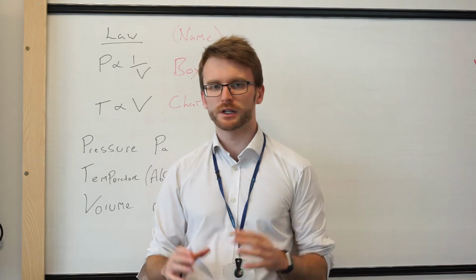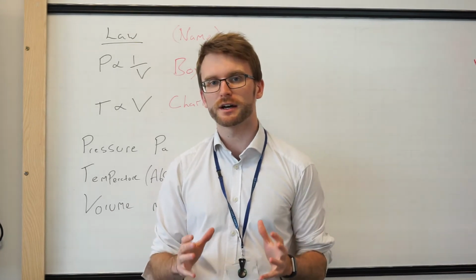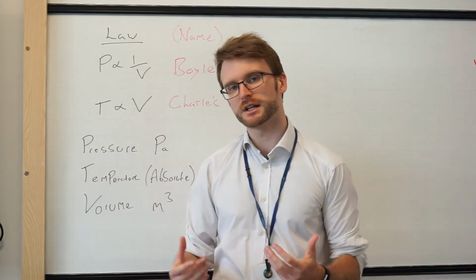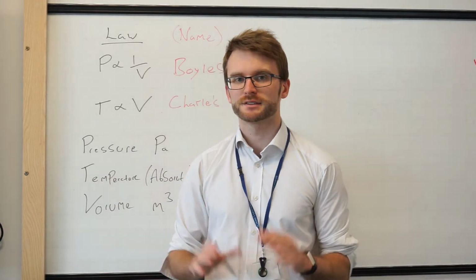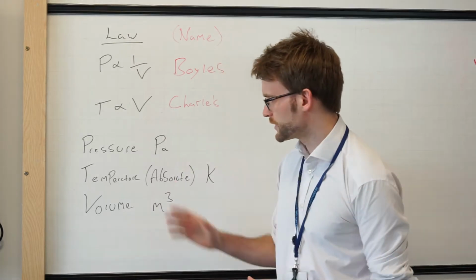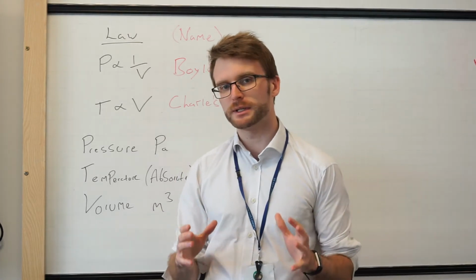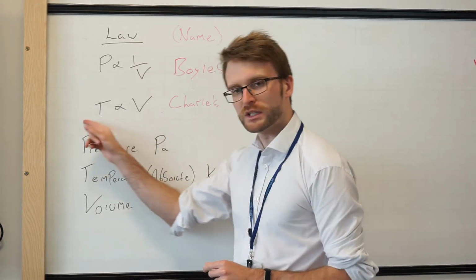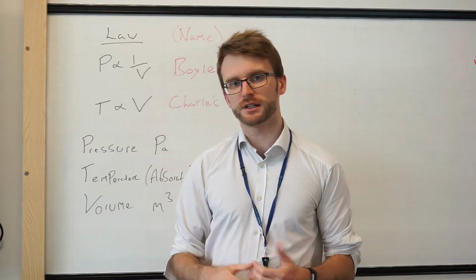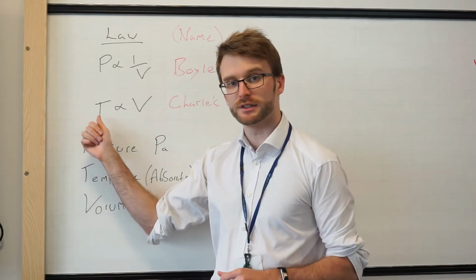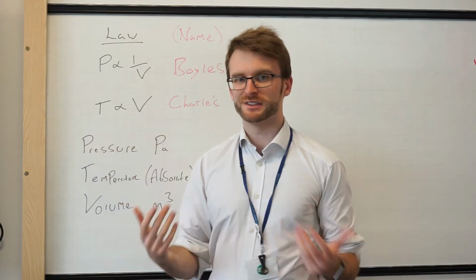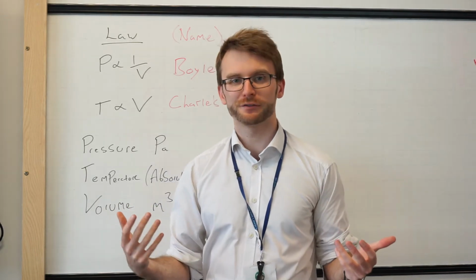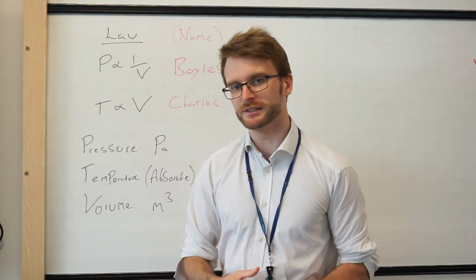I just wanted to show you the units that we have to use for all of these things as well. Pressure is obviously measured in pascals or newtons per metre squared, same unit, remember. Temperature has to now be the absolute temperature in Kelvin. Remember, this will not work if you use degrees Celsius, because you'll end up putting 0 degrees in, the volume will be 0, and that can't be the case, otherwise we'd all asphyxiate and die when it froze outside, and that wouldn't be very nice.